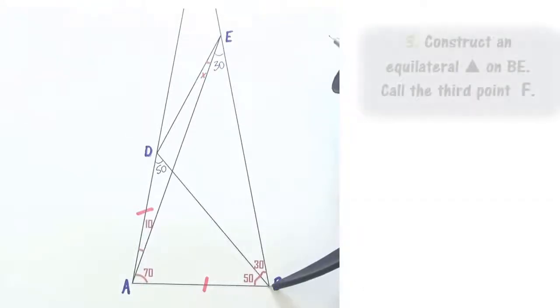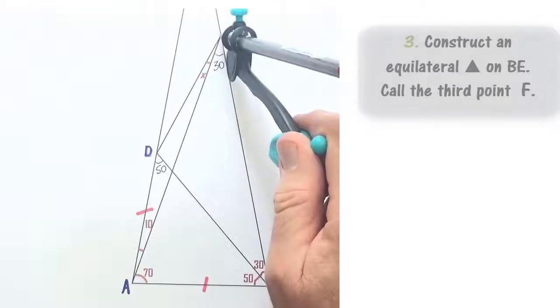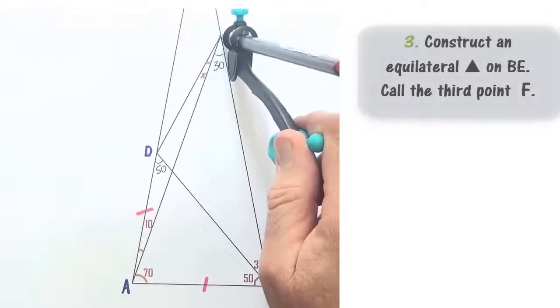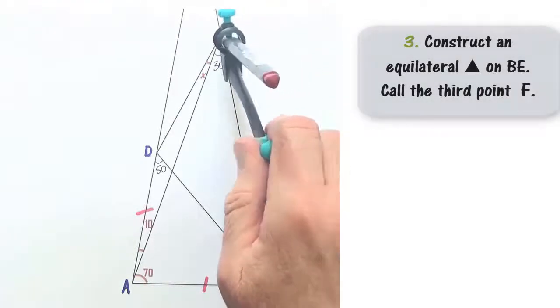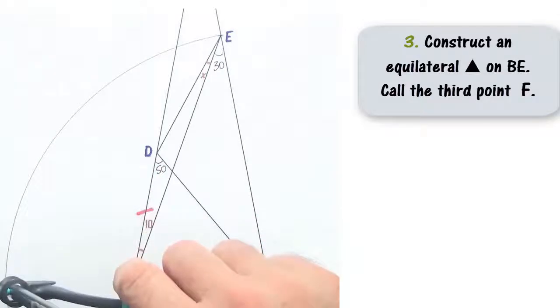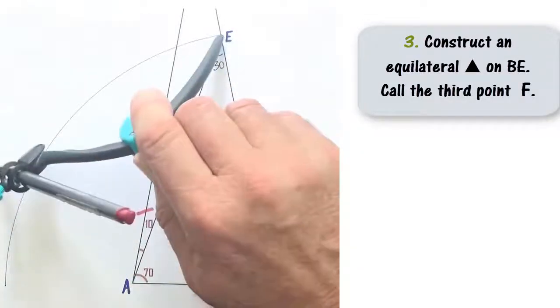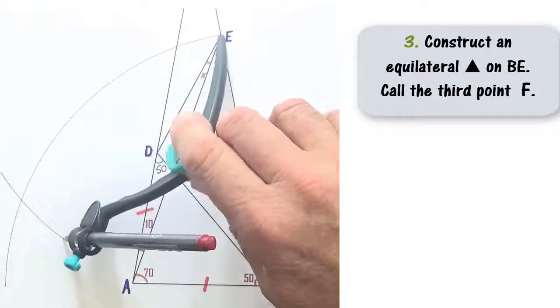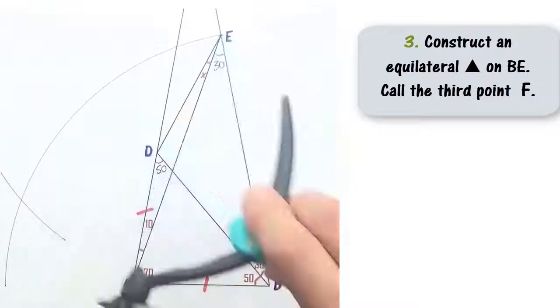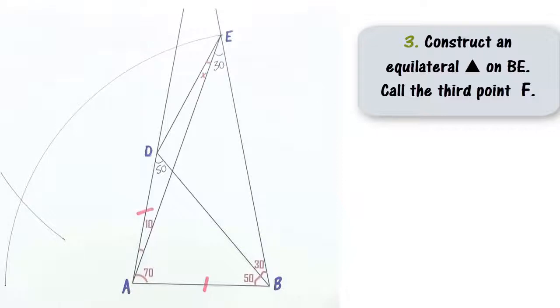Now I want to construct an equilateral triangle on BE. So I just take that measure with my compass and draw an arc, and then an intersecting arc, and that is going to give me an equilateral triangle.